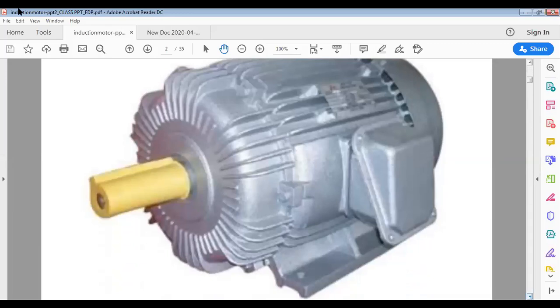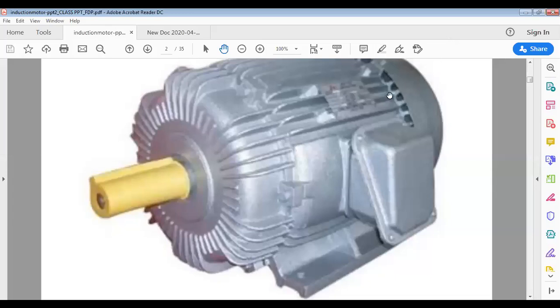Now tell me, as it is a motor, what is the input? Very good, input is electrical.